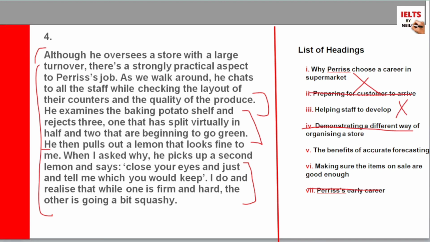Next one, the benefit of accurate forecasting. Again, a big no. They're not talking about any forecasting. Next one, making sure the items on sale are good enough. This could be the correct answer because Paris was checking the quality of the products like potato, lemon, whether it was good or not. So this number 6 is the correct answer for this paragraph.